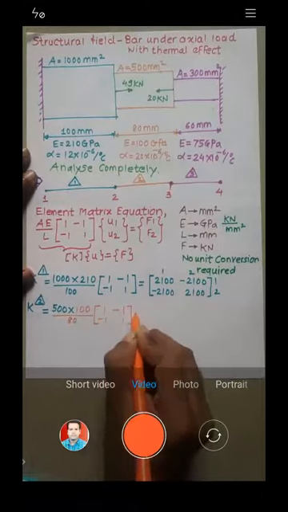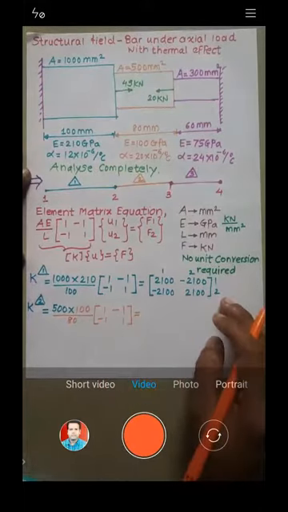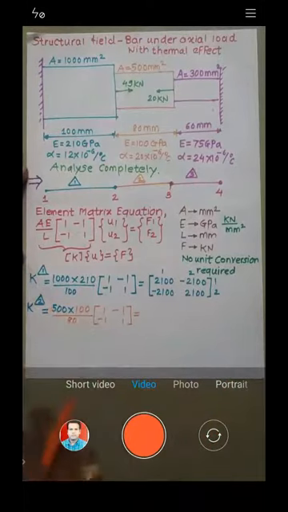So just check how much we're getting. This is 500 multiplied by 100 divided by 80. So just let me know this value.